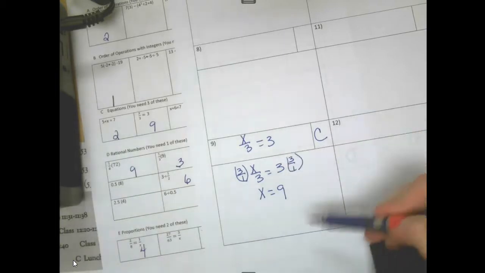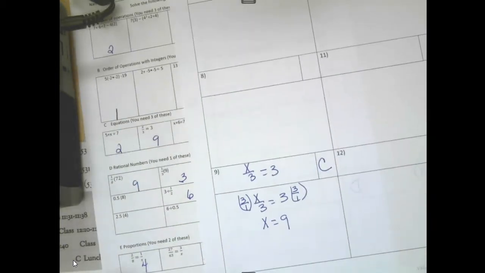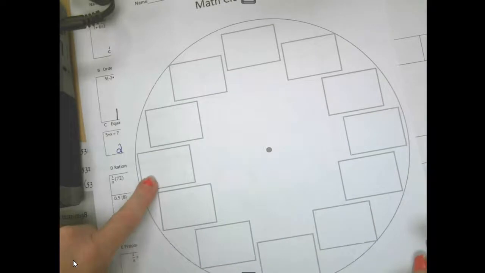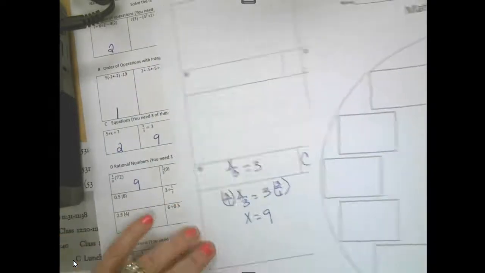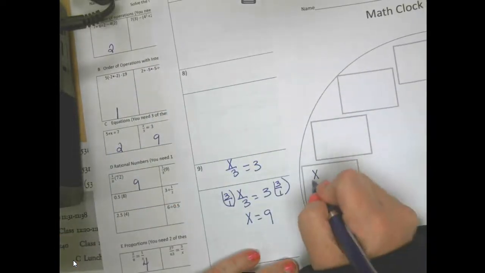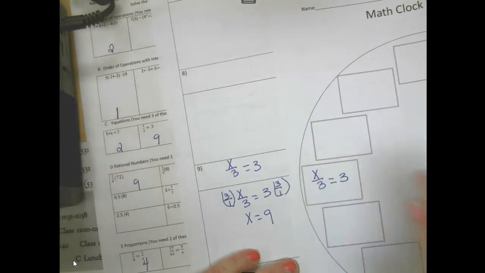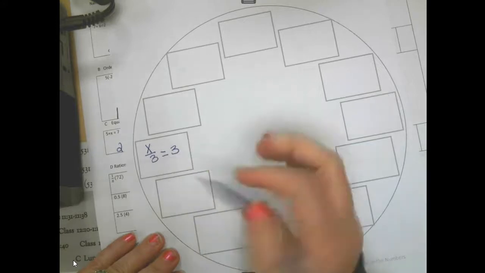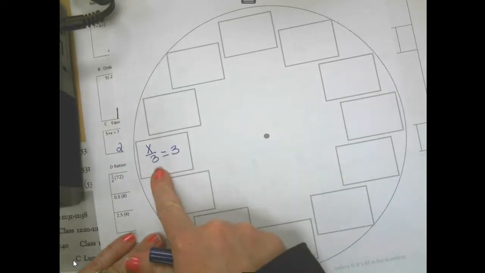I have to work it out. Then, when I have all of that done, I will go to my clock. On my clock, where the 9 goes, which is right here, I would put x over 3 equals 3. So instead of 9, I will have x over 3 equals 3, because if I solve this, this is 9.